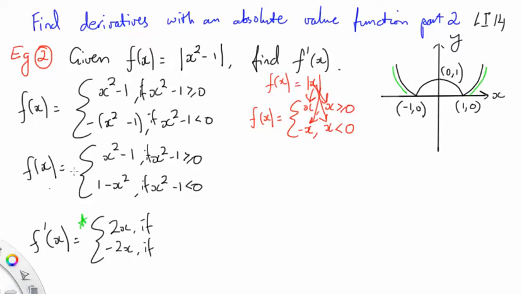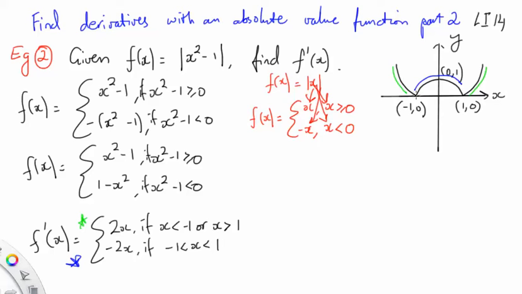So we can describe the domain for that section. It equals 2x if x is less than negative 1 or x is greater than 1. Down here, I'm going to call this the blue part. Well, that must be what's remaining, so that must be if x is between negative 1 and 1.